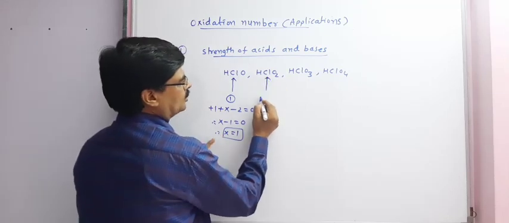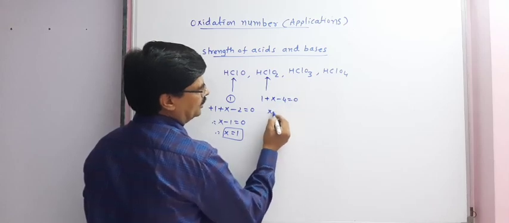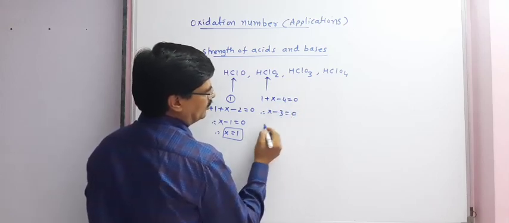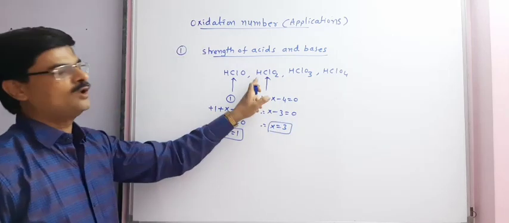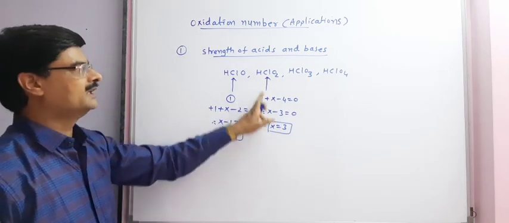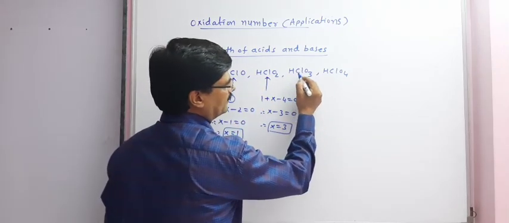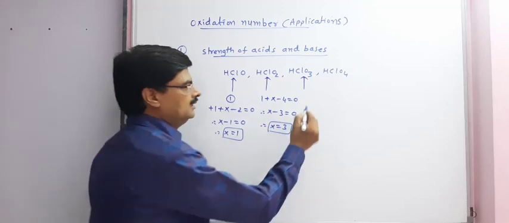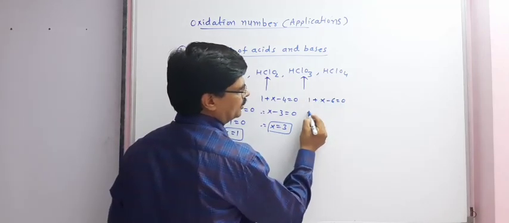In HClO2, 1 plus X minus 4 is equal to 0. So X minus 3 is equal to 0, X is equal to 3. The oxidation state of chlorine is plus 3 in case of HClO2. Now in HClO3, 1 plus X minus 6 is equal to 0.